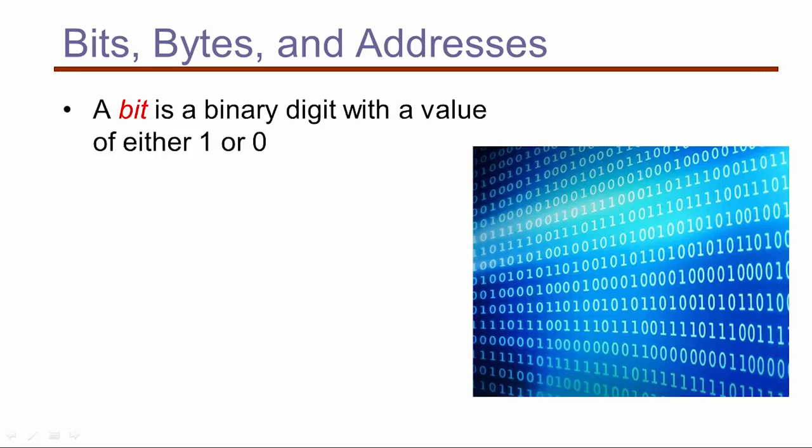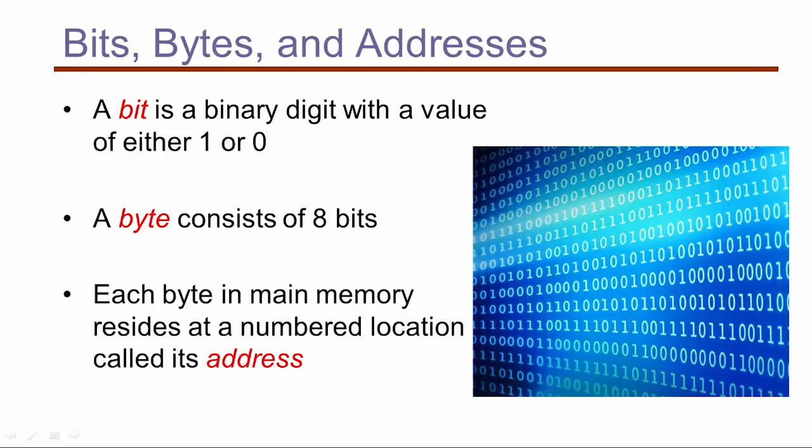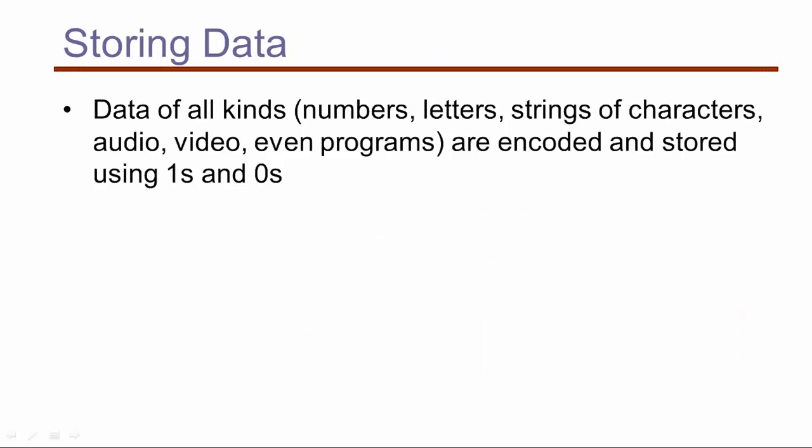Since a single bit by itself can only represent 2 values, 1 and 0, we group them into sets of 8 and call that a byte. The computer is able to access byte-sized chunks of information in memory by an address. Every byte has a unique address. Now, all information that we store in the computer, regardless of what it represents, is encoded as 1s and 0s.